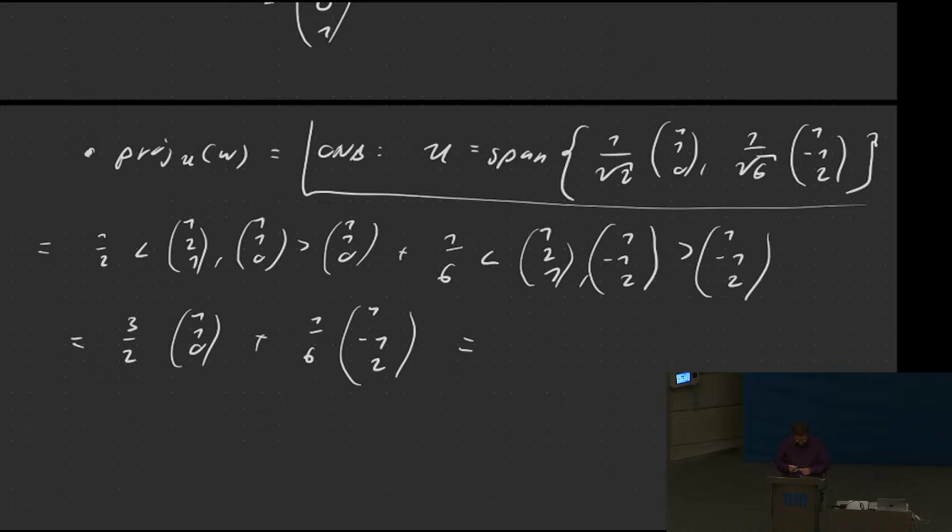Let's see, 3 over 2, that is 9 over 6 plus 1 over 6, that will be 10 over 6. Again, 9 over 6 minus 1 over 6, that will be 8 over 6. And then we have 2 over 6. If we take out that factor, 1 over 6, that is (10, 8, 2). So that would be the projection of W.